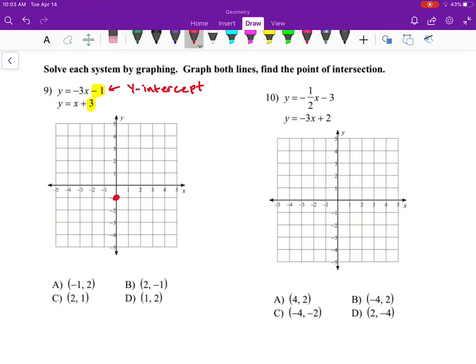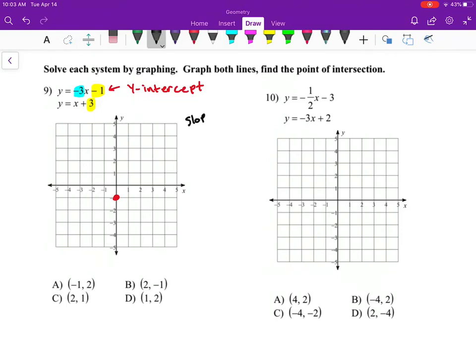Once I've got my starting point, that's when I look at this number right in front of the x. That number is my slope, or in other words, that tells you how to move from one point to the other. Remember, slope is the same as rise over run.